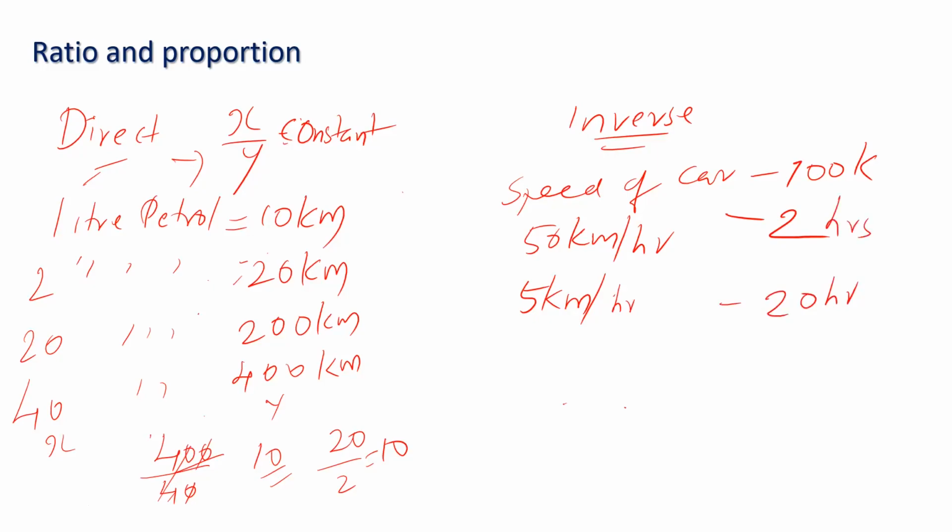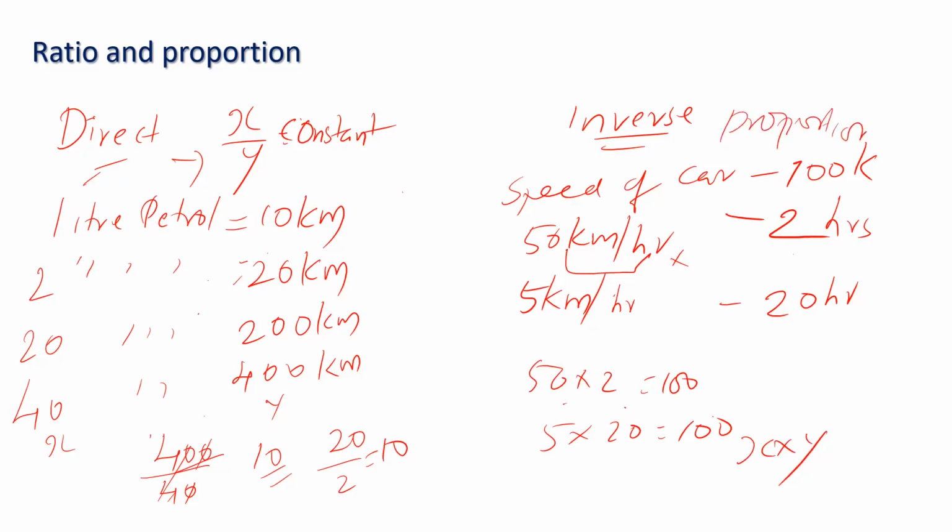But here you can see, if you multiply this data, 50 into 2 is equal to 100, 5 into 20 is also equal to 100. Here the product is constant. X into Y is constant in this case. This is an example for inverse proportion, inverse variation. This is an example for direct proportion.